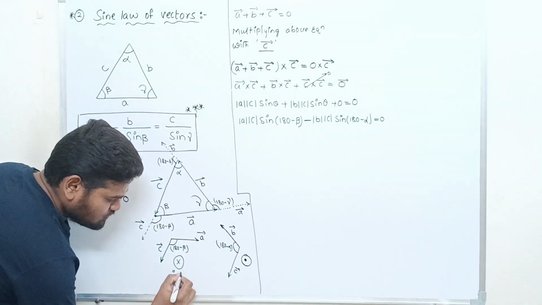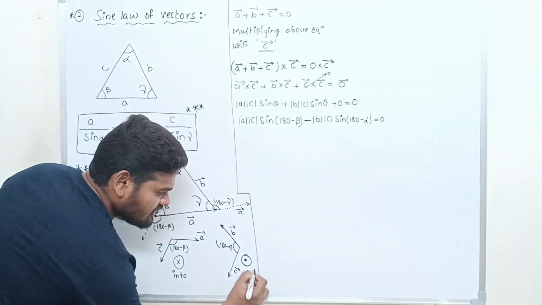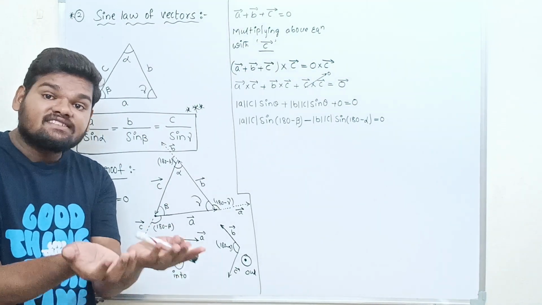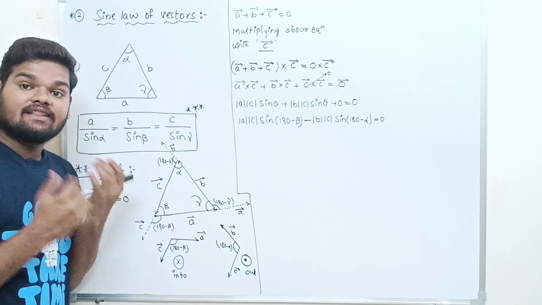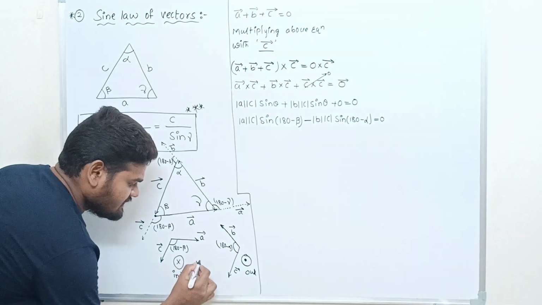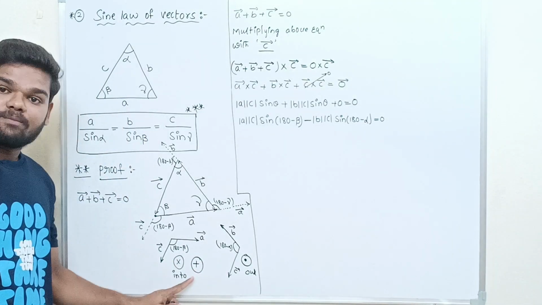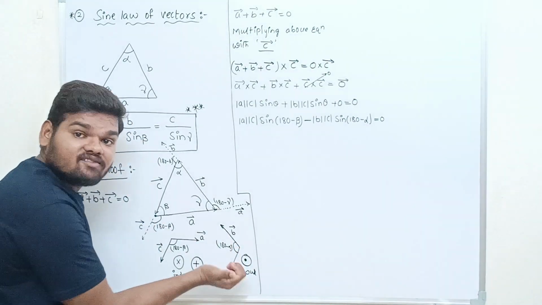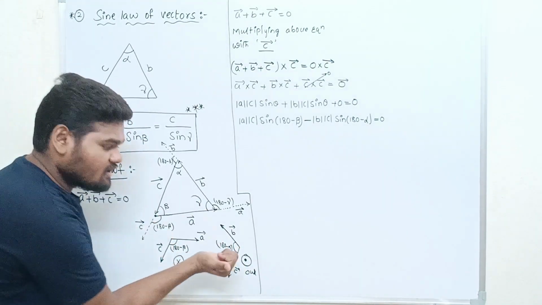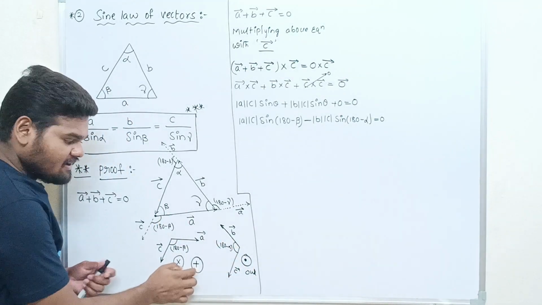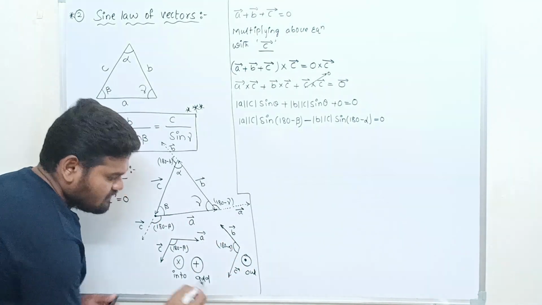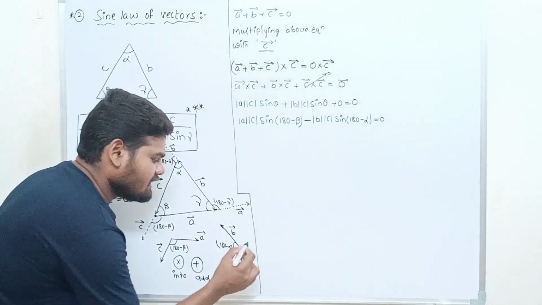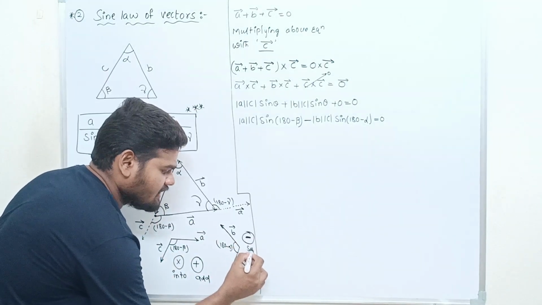This is outward, and that one was into. Into means the resultant vector is absorbed by the plane, so its magnitude will be added, plus. Here the resultant vector is outward from the plane of the board. So into is added, outward is subtracted.